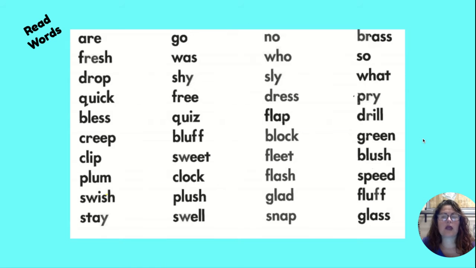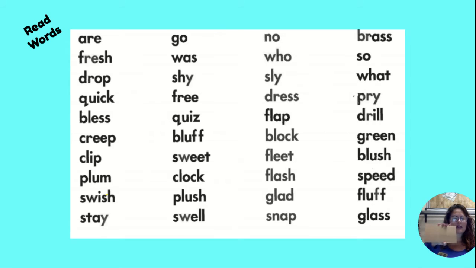Now we're moving on to the read words section of the lesson. I want you to take your finger underneath, sound it out, and then say it as a whole word when you are finished. If the student makes an error, if they read the word incorrectly, have them trace while sounding out correctly 3 times while they look at the word that they missed.